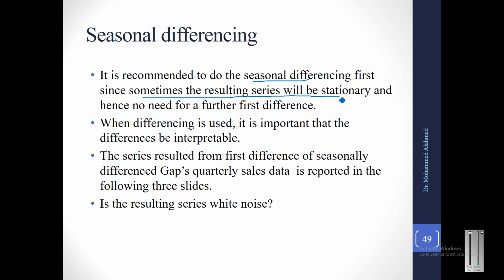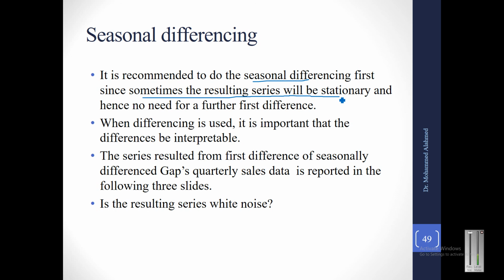For example, in this particular case, we see that even after applying seasonal differencing, there is some seasonality left, right? So you need to again apply a simple differencing, not seasonal wise. So technically the order does not matter, simple differencing then seasonal differencing or vice versa, but it is recommended that for such seasonal data, you apply the seasonal differencing first.